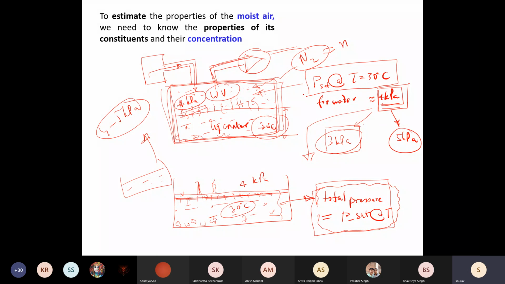Yes, if you have a gadget which just measures the partial pressure of water vapor, you will see that it will be equal to 4 kPa, and how it is maintained: there is continuous, some molecules which are going into the vapor phase and some molecules are coming from vapor phase into the liquid. So that is continuously happening throughout that level in order to maintain that equilibrium. So at equilibrium, the liquid to vapor transition and vapor to liquid transition are equal.